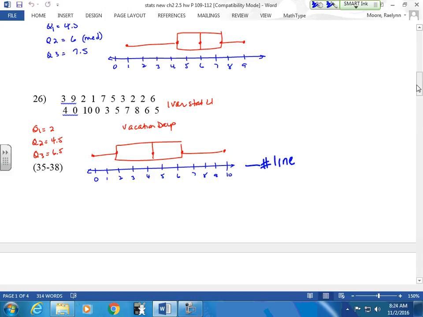So now I could ask you, actually, which quartile has the most variability in the data? Which quartile would you say has the most variability? Which one is the most spread out?